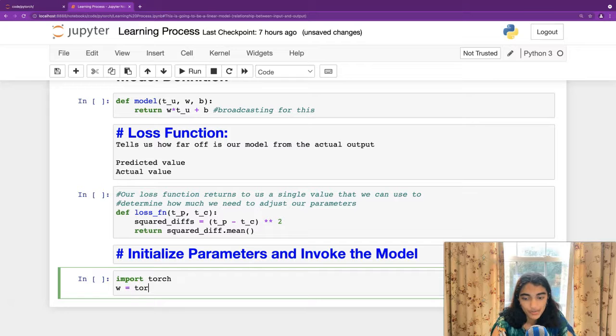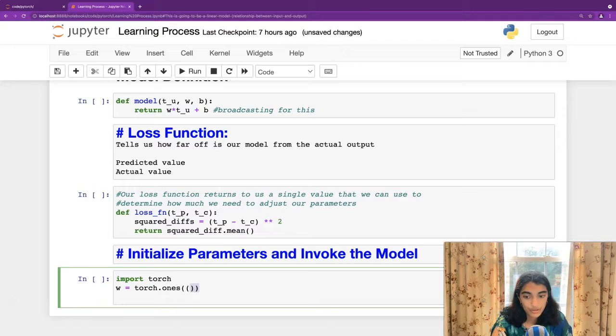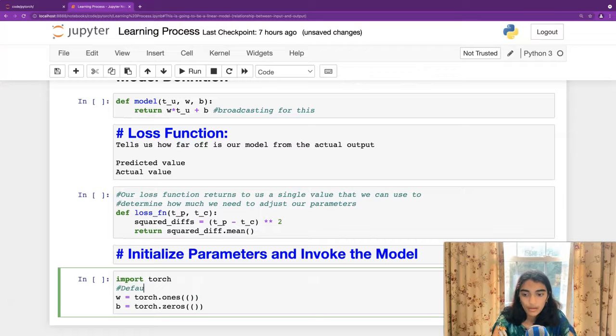Okay, because PyTorch has a way of creating tensors. So we're passing in basically nothing as arguments to ones. And B is going to be zeros. And so these are the default values for the weights and biases.